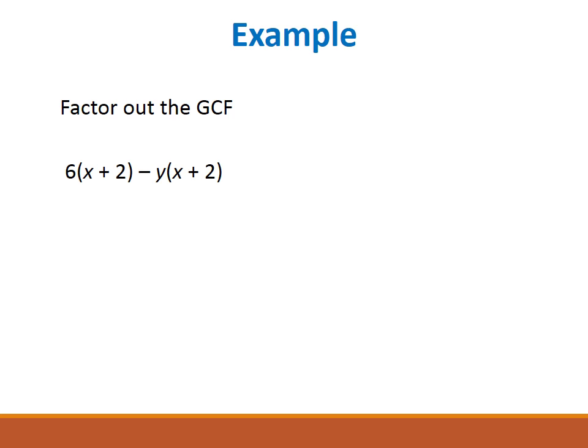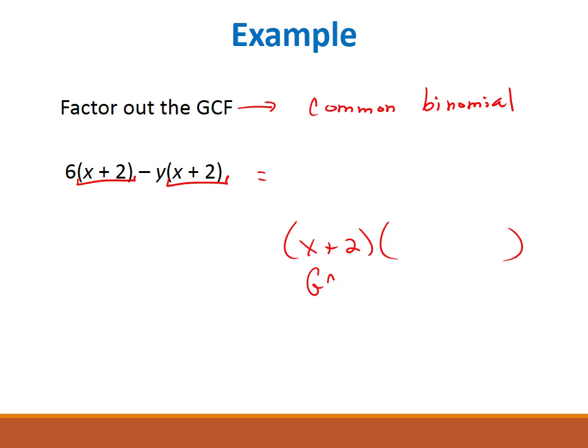Now, let's factor out this GCF. It is quite odd. This particular GCF is what we call the common binomial. If you will notice in parentheses, the letter and number that is the same in this case is x plus 2. Whenever that comes in the form of a binomial, set apart by a parenthesis such as we have here, put that x plus 2 in front as you would any GCF.